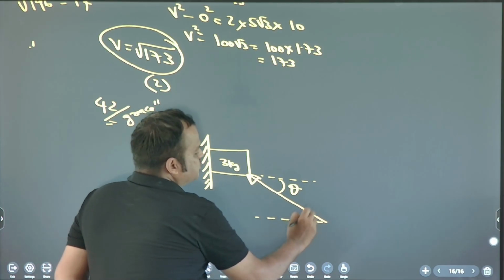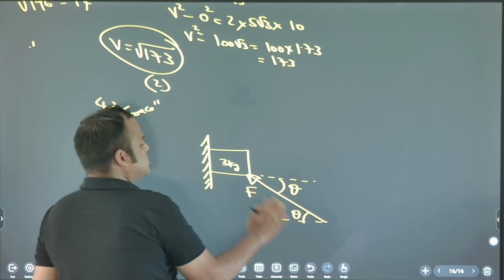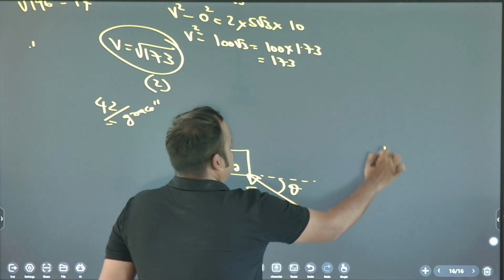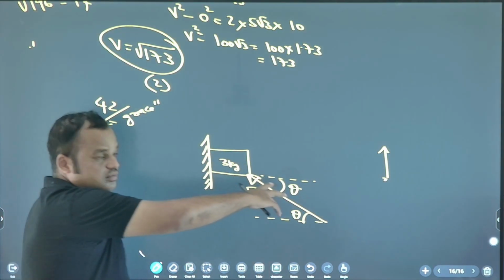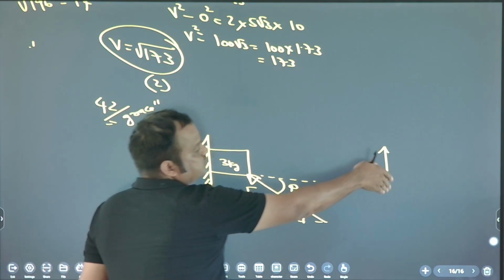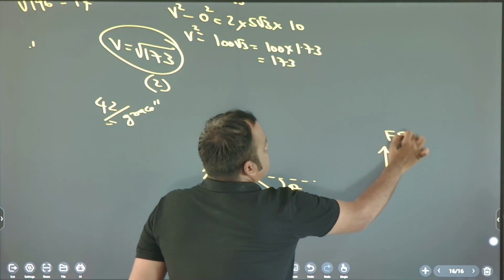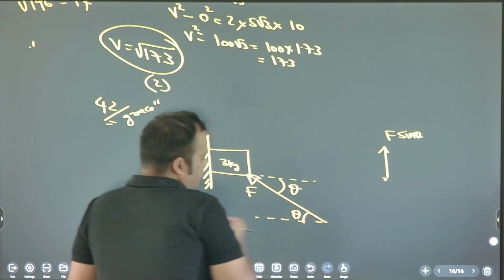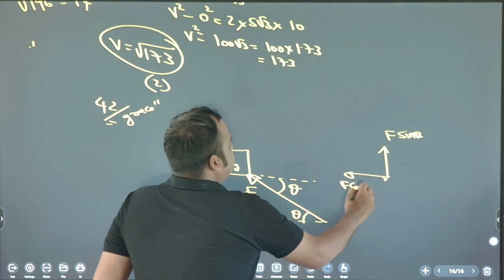So this angle is also theta. So what is the upward component of this force? Cos or sine? Sine. Very good. So this is f sine theta. What is the leftward component? Cos. So this is f cos theta.